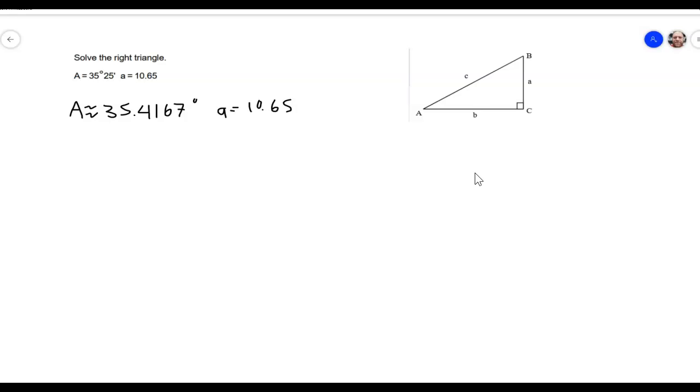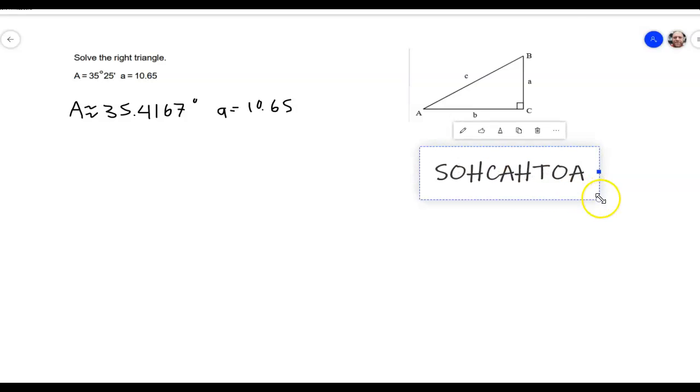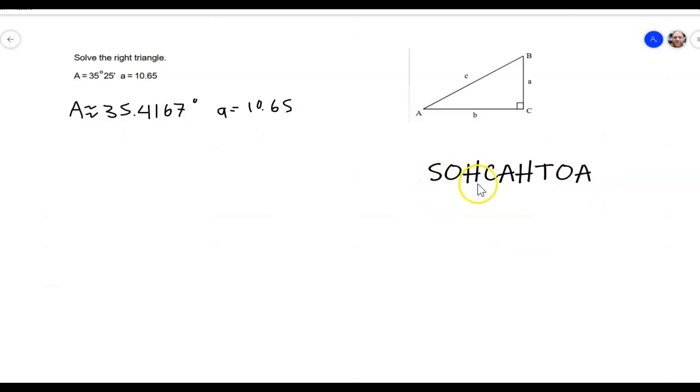Let's write down SOHCAHTOA: sine is opposite over hypotenuse, cosine is adjacent over hypotenuse, and tangent is opposite over adjacent.